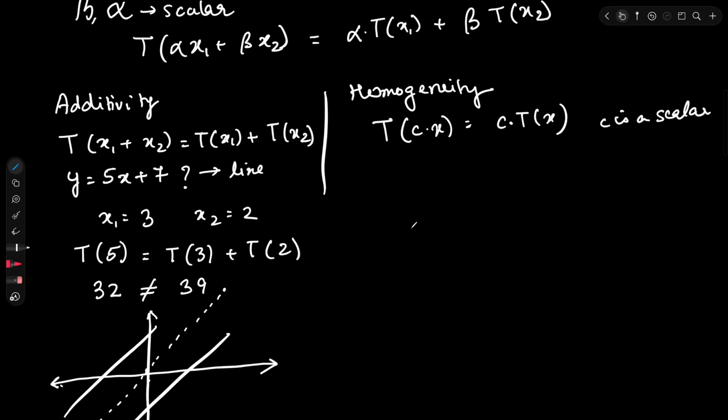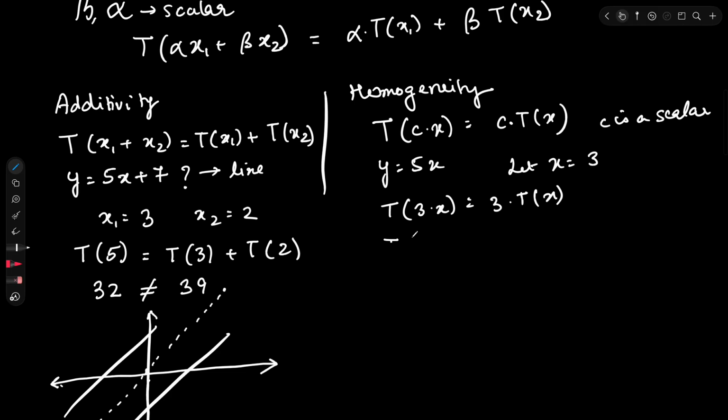We can also take a simple example again, or we can actually skip the example, because if we take y equals 5x, we can just say T of (3 into x) equals 3 into T of x. Let x equal 3.